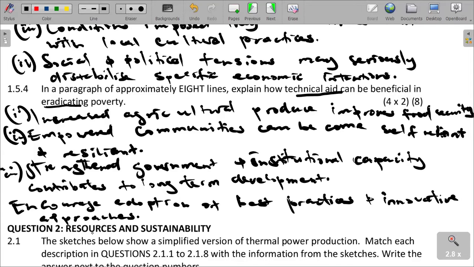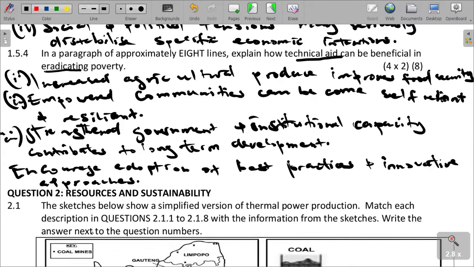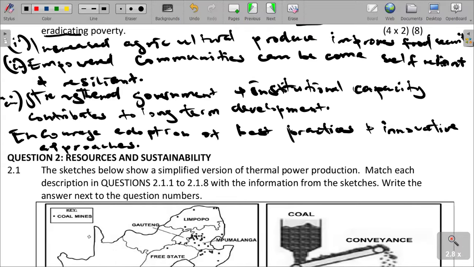They can also work in terms of ensuring this technical aid in eradicating poverty.